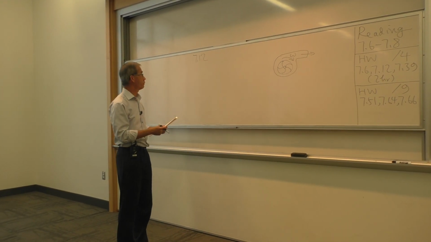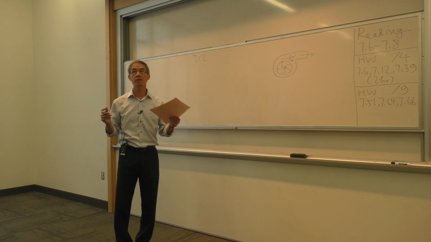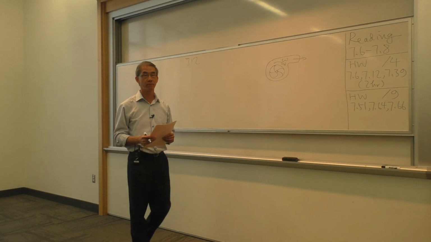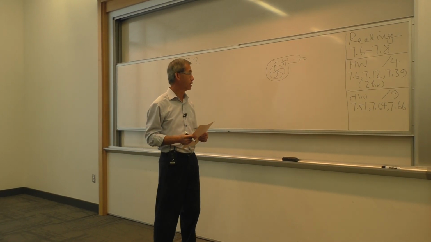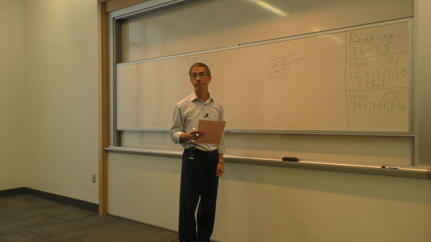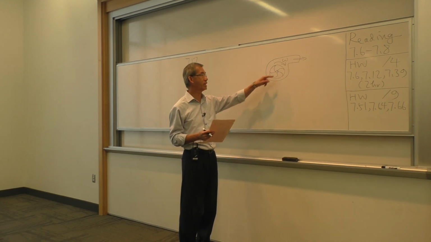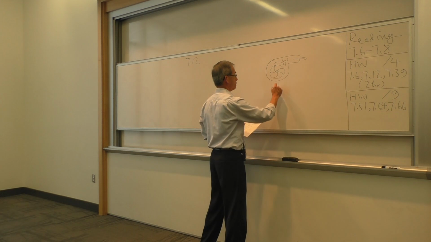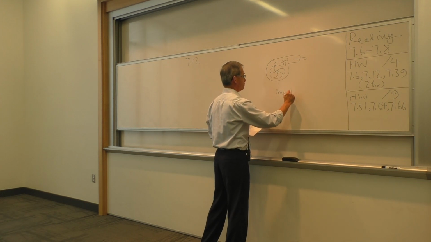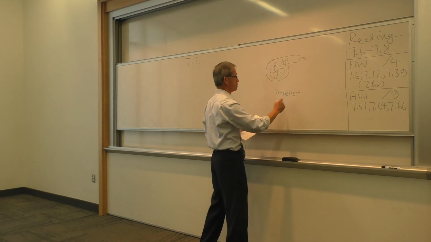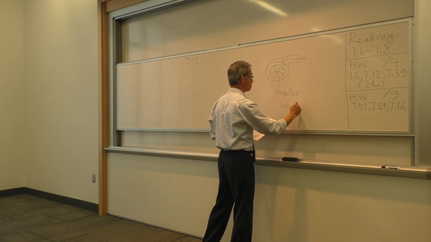So problem 12 of chapter 7 is a totally new problem, and there are actually not many of those in fluid mechanics. They involve a pump, a water pump, that consists of a rotating impeller. Omega is rotational speed in RPM.